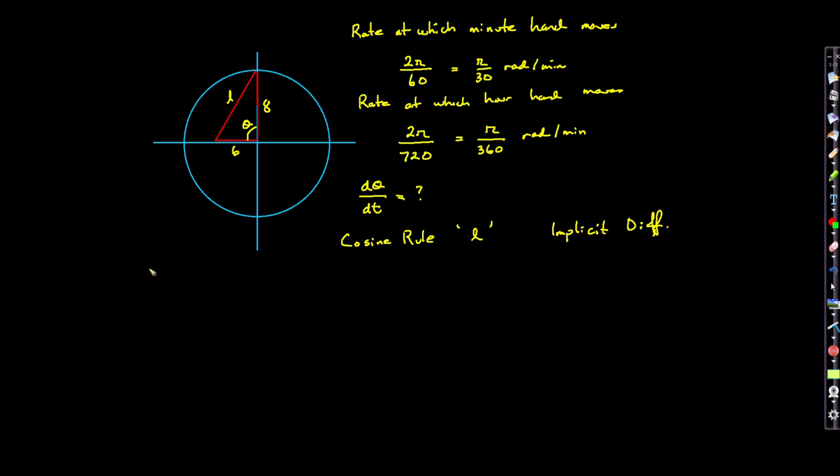Alright guys, welcome back. What I'm going to do here is get an expression for the rate at which this angle is changing with time. That's going to be equal to the difference between the faster moving hand and the slower moving hand.